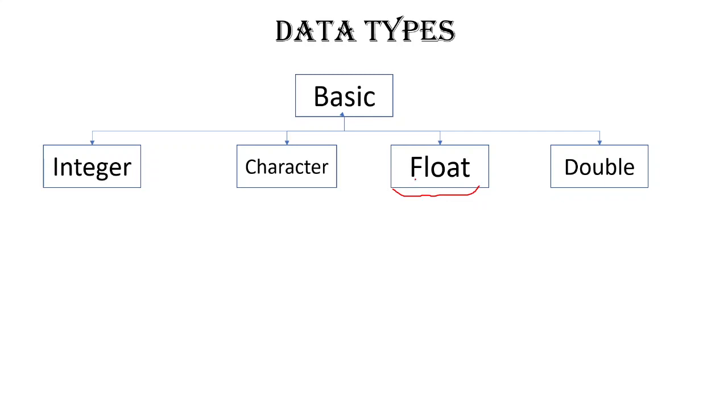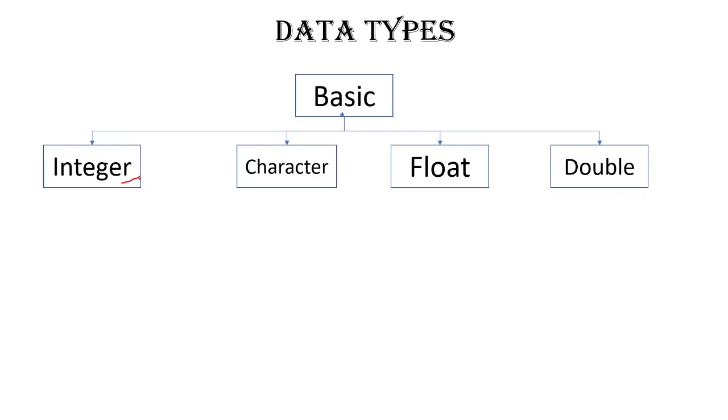And double is also like a float, but double has more precision as compared to float. Precision means how many extra digits you can put after the decimal point. So these are the four basic data types.